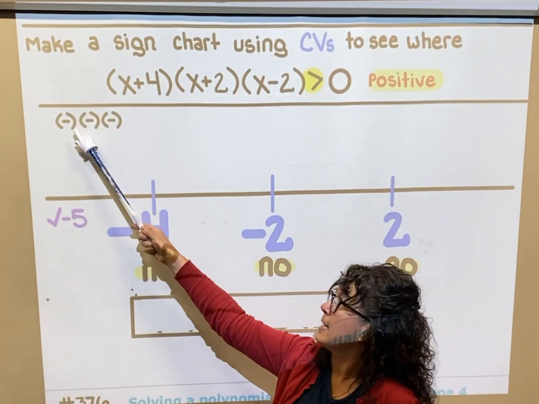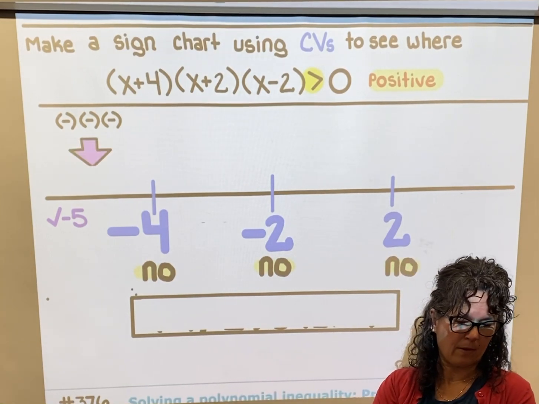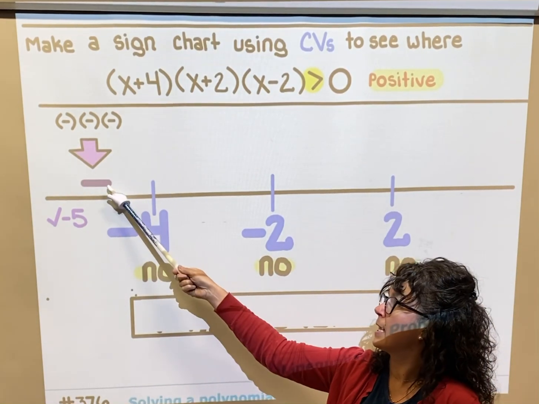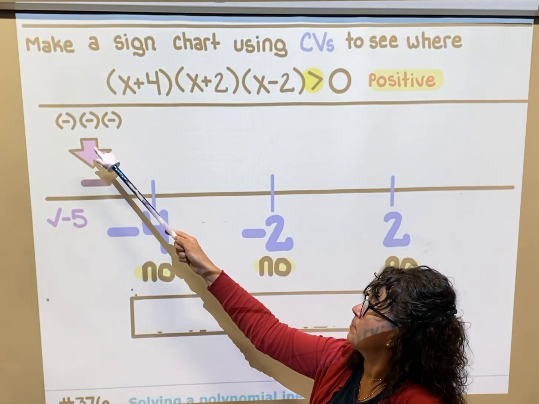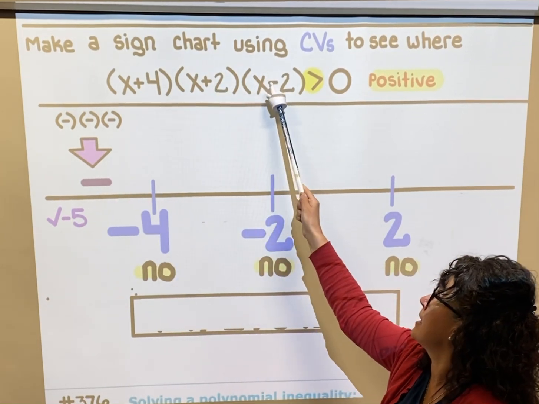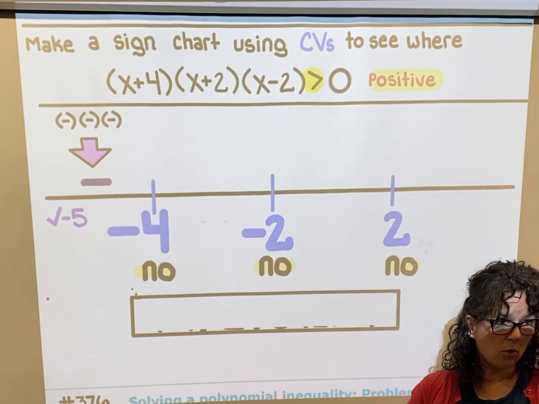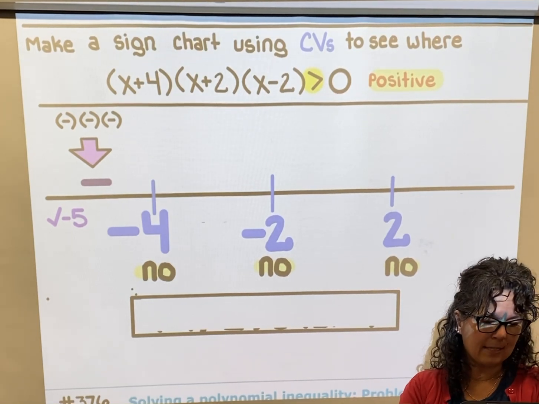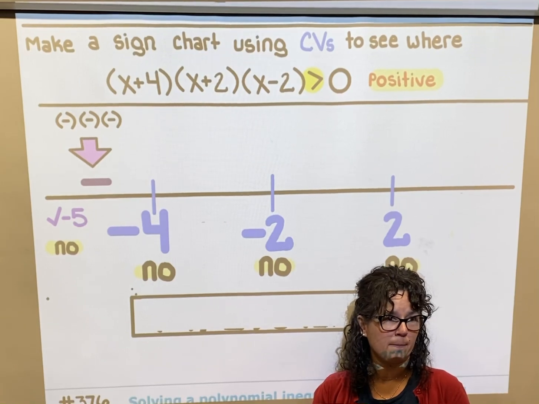So if I take a negative times a negative times a negative, I get a negative. Okay, so is that going to work or not? Plugging in negative 5 gave me a negative number. Is a negative number bigger than 0? No. So that means every number to the left of negative 4 is not working.